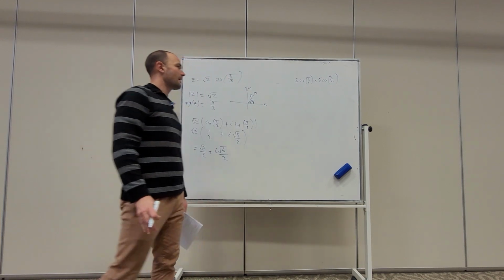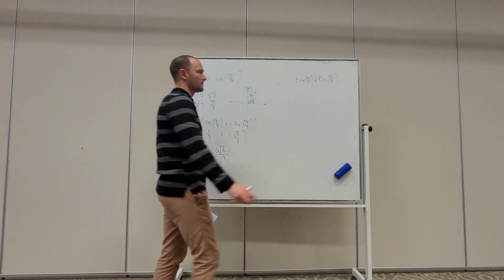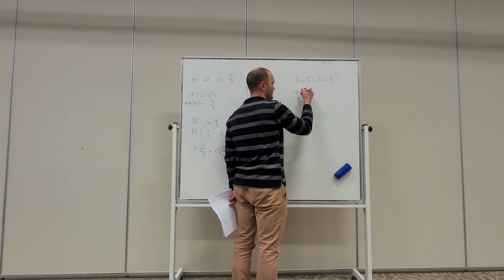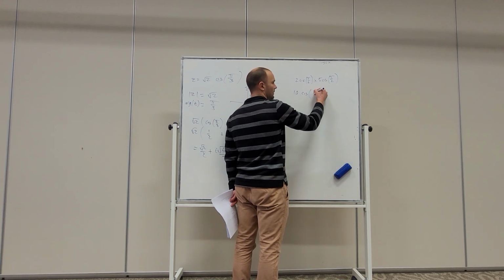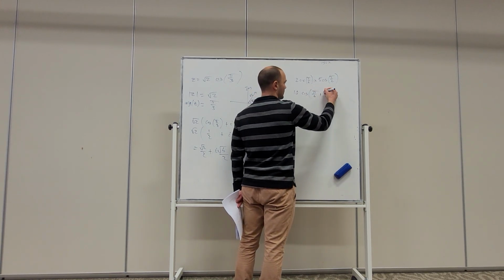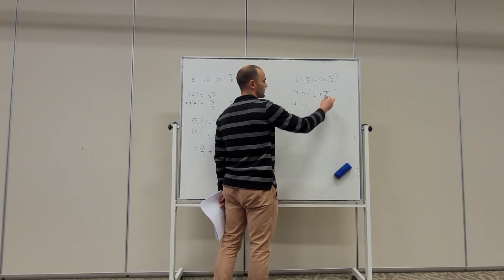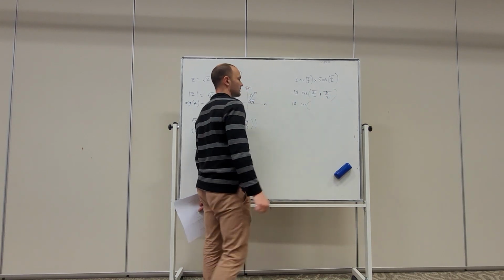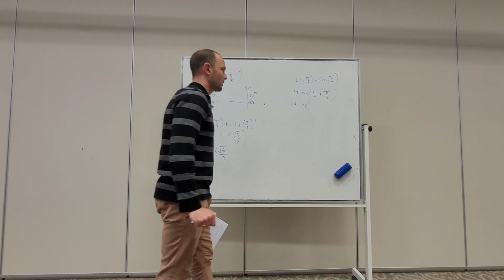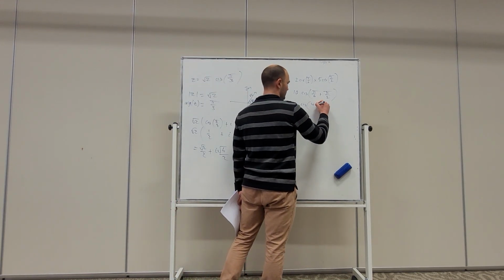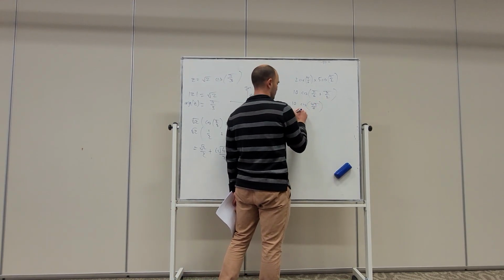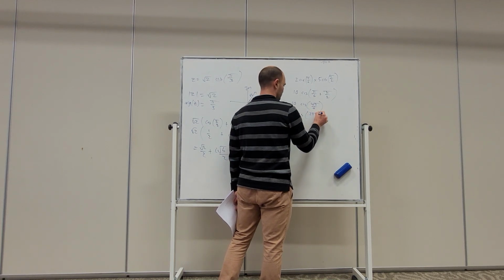Okay, so when we have cis A times cis B, they're going to multiply together. It becomes cis pi on 6 plus pi on 2. And so what's that? We change that to be 3 pi on 6. So we'll get 4 pi on 6, which is 2 pi on 3.